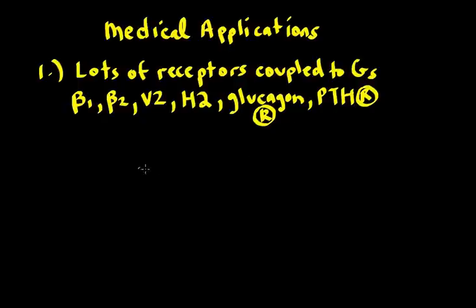All right. Secretin receptors. Secretin's a hormone in the GI system. It regulates bicarbonate secretion. It's very important in regulating GI function. And it's also coupled to GS, just like all these other ones.